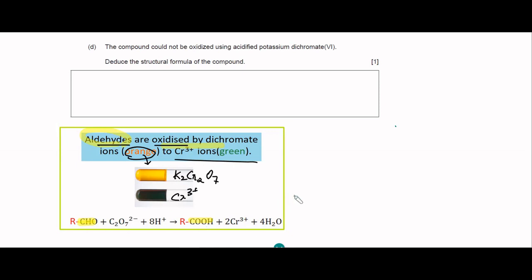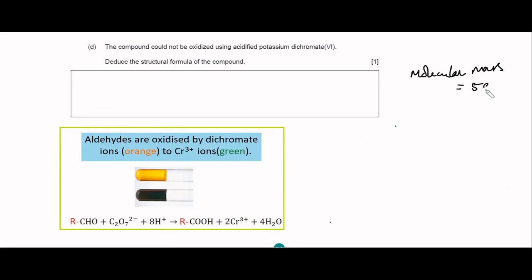As far as a ketone is concerned, let's take it as R-C=O-R'. This cannot be oxidized by potassium dichromate. There is no reaction. So in the previous section, we found that the molecular mass of our compound is 58, and you get 58 from C3H6O1.